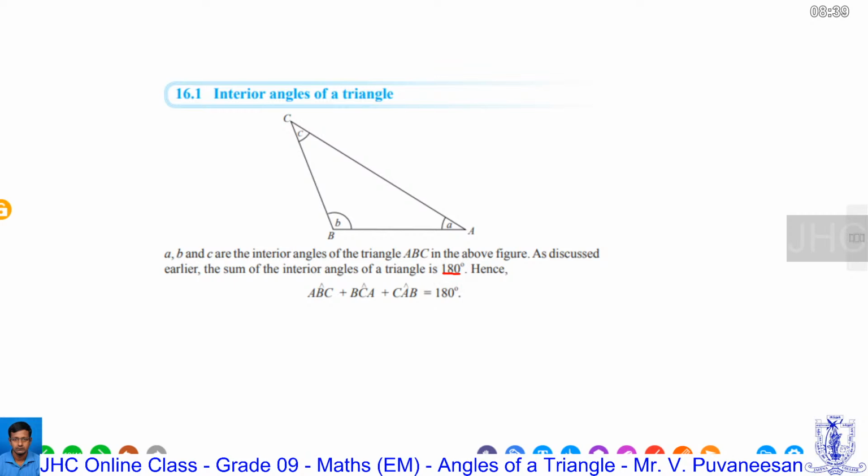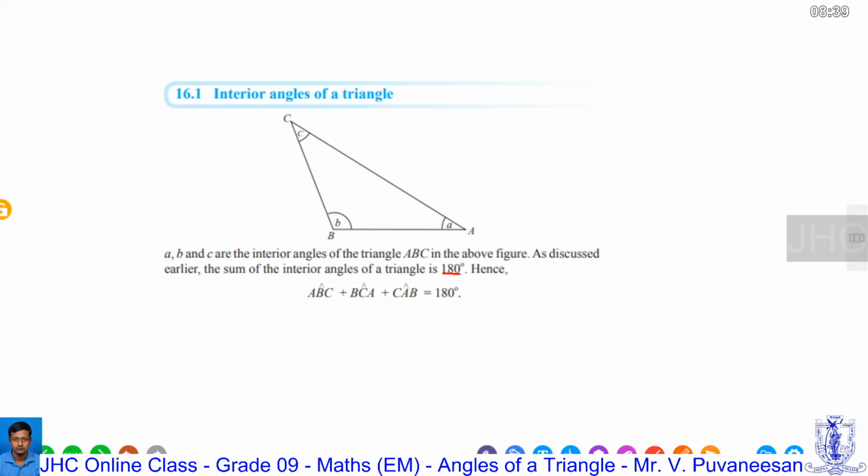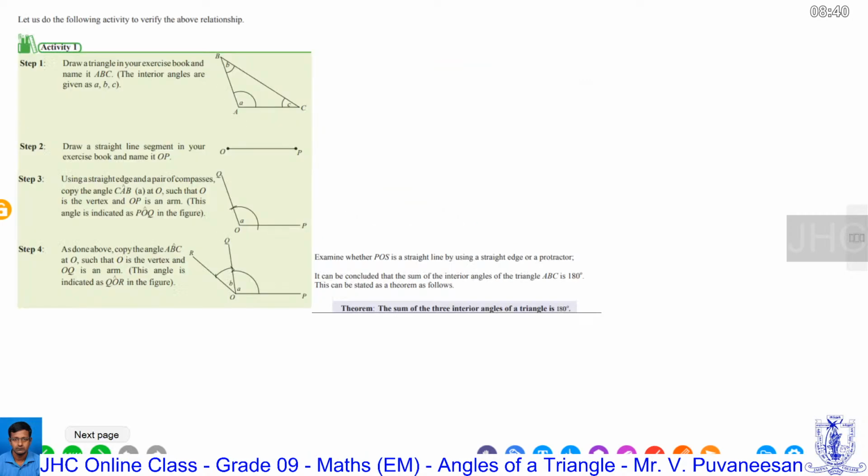So we can write these angles as angle ABC plus angle BCA plus angle CAB equal to 180 degrees. We know this.